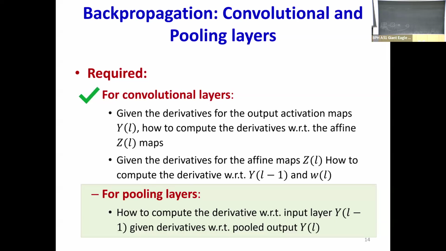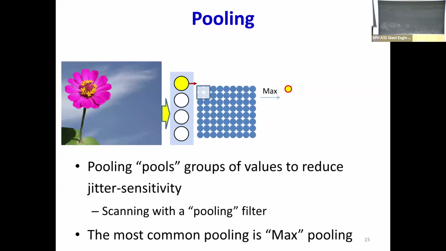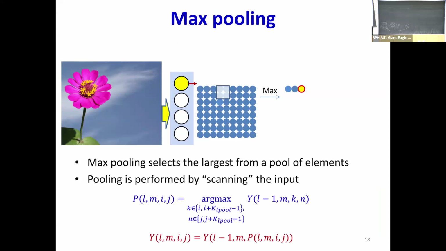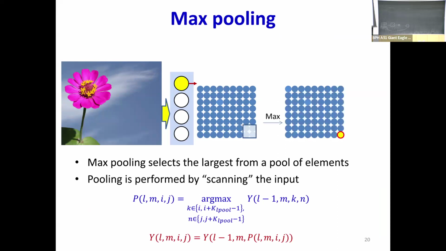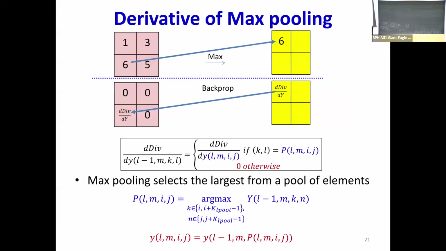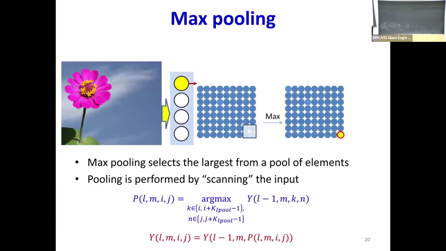Okay, now here's how we performed pooling. We just stepped left to right, and at each point, if you were performing max pooling, you found the index of the largest value and copied it over, right? And the output. So now, if I want to compute the derivative, I'm going to assume that the stride is 1.